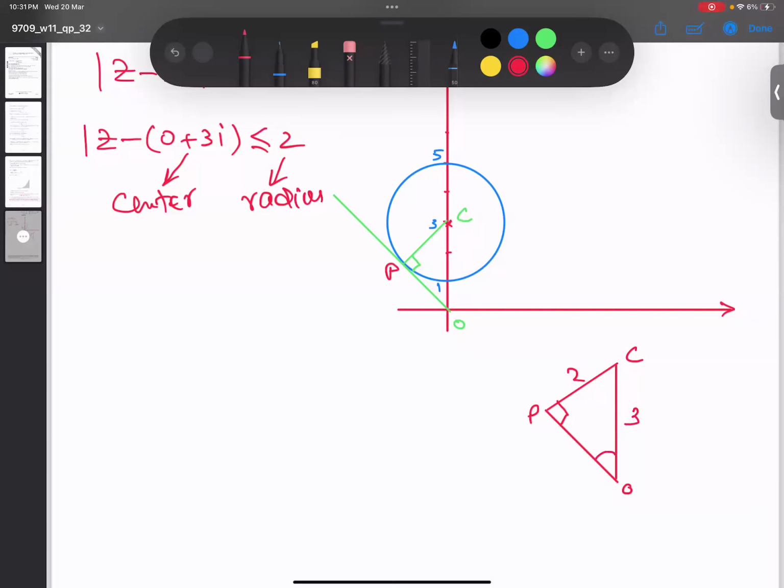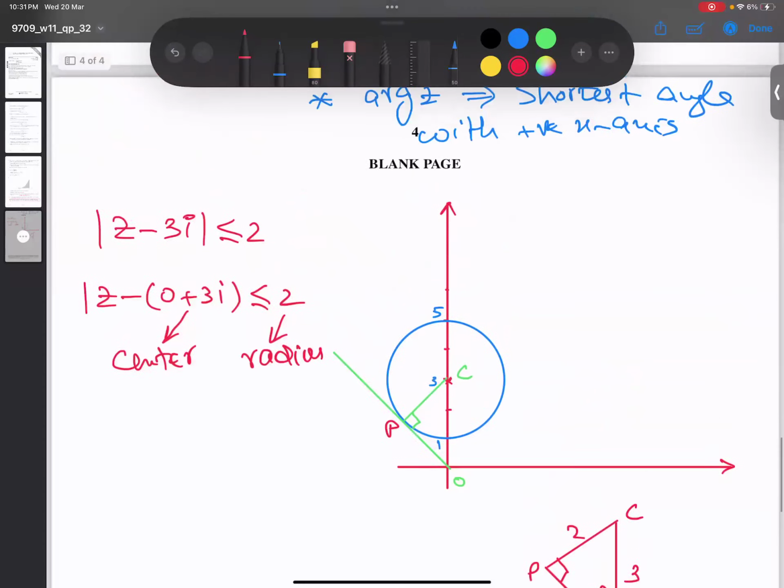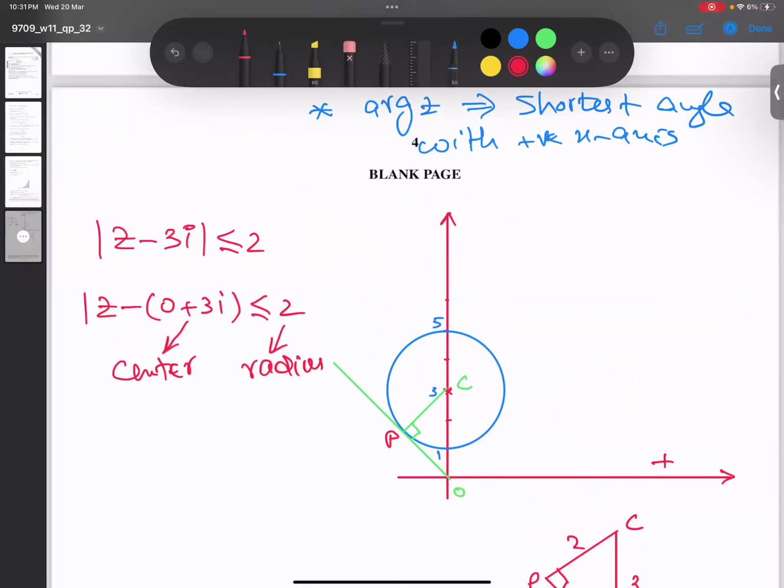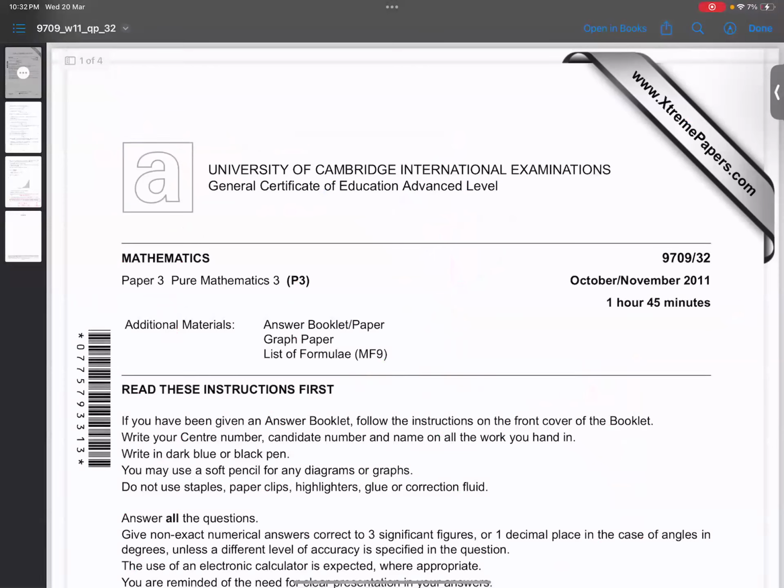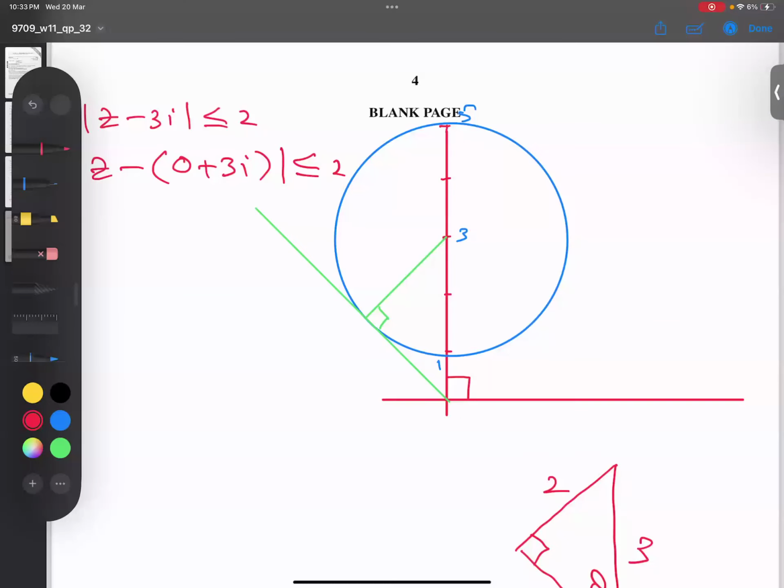So I can find this theta. What is my ultimate target? Start from the positive x-axis and move anticlockwise, because it is the shortest angle. So look here, student, I think it's clear.